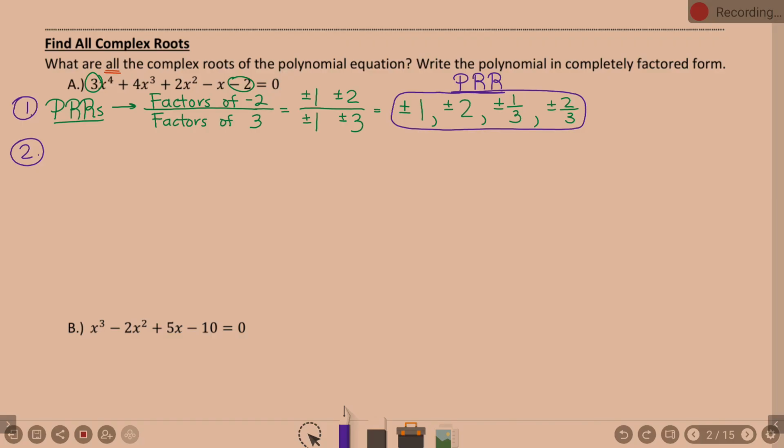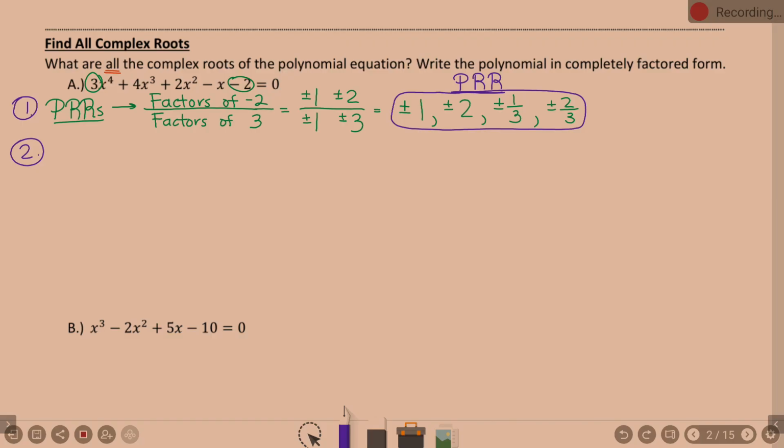We can take all 8 of these, test them, and see which ones work. In other words, use synthetic division, see which ones give me a remainder of 0. Now, it's only 8. It wouldn't be horrible, but what about the one up above when we had like 12 possibilities? Actually, it'd be more like 24 possibilities when you include the plus and the minus. That would be a lot crazier.